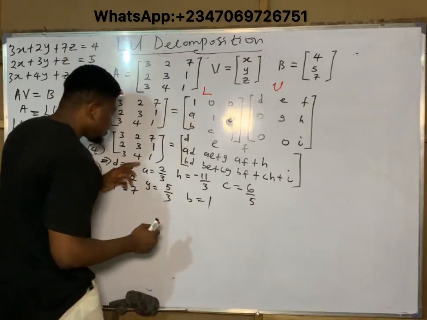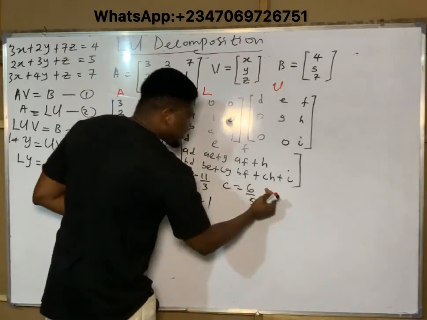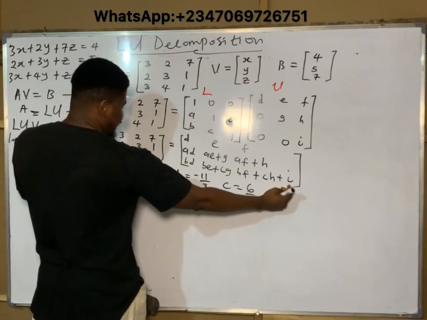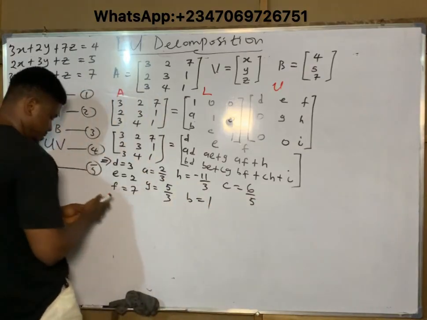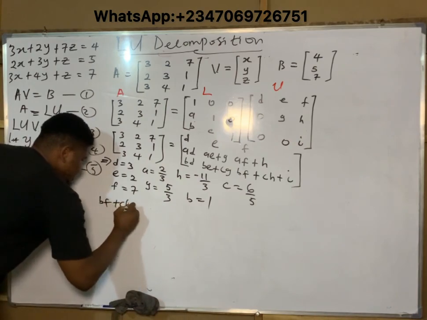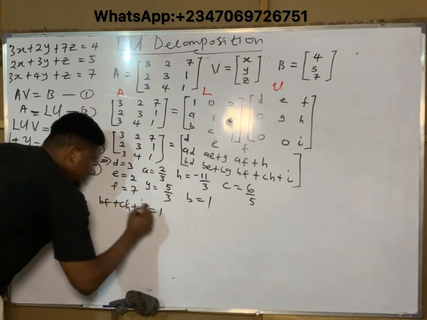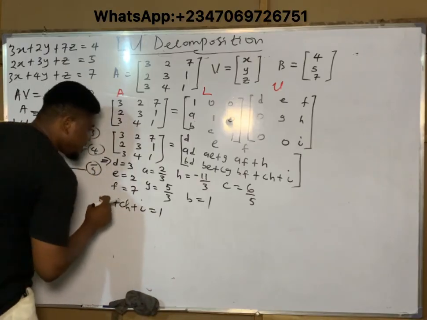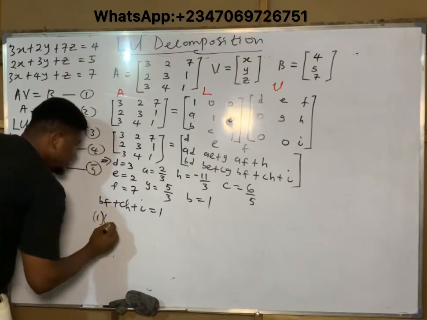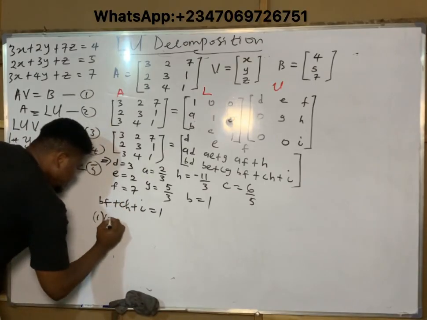So finally, we have BF plus CH plus I equals 1. What's our B? We got B to be 1. So 1 times F. We got F here to be 7.